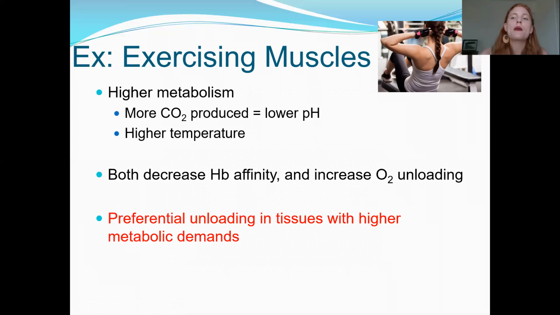So the ones that are doing more metabolism are going to get more oxygen, which I think is freaking brilliant, because here we have a situation where we don't even have to do anything extra. All we have to do is allow the hemoglobin to go through the body, and then the tissues that require higher levels of oxygen are going to get more oxygen. That's amazing.